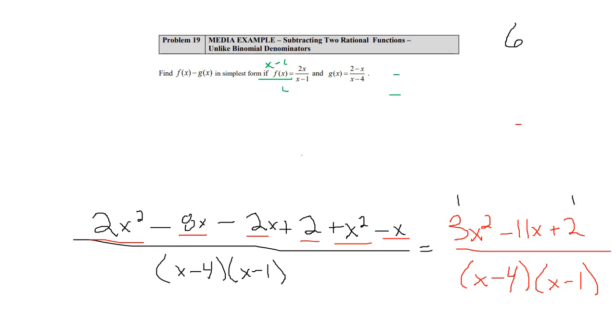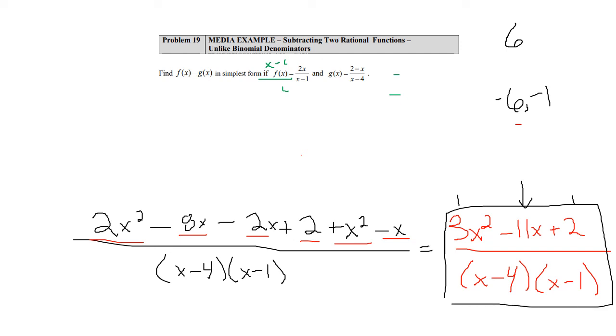So I'm looking for two multiples of 6 that add up to negative 11. In this case, I don't think you're going to make it happen because the biggest combination you're going to be able to get is negative 6 and negative 1, which adds up to negative 7. So this does not factor nicely, so I think this is going to be our final answer.